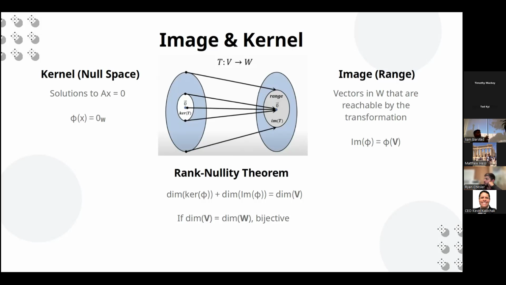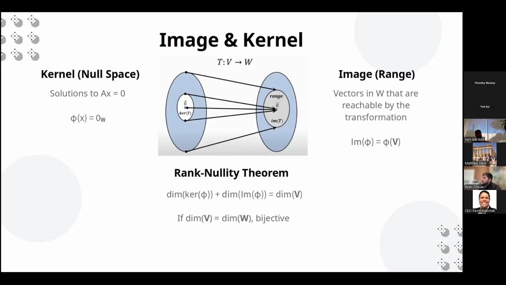And the image is more like what you can hit with that transformation. So if you have a greater dimension of the kernel and the dimension of the image is less, then it is less injective, and you have more independent columns.